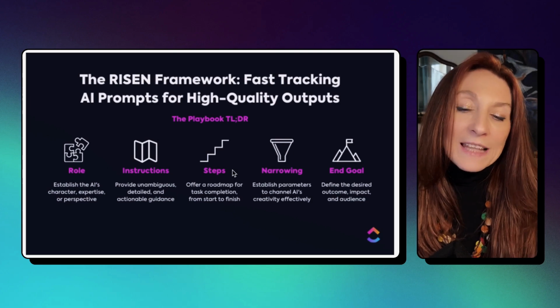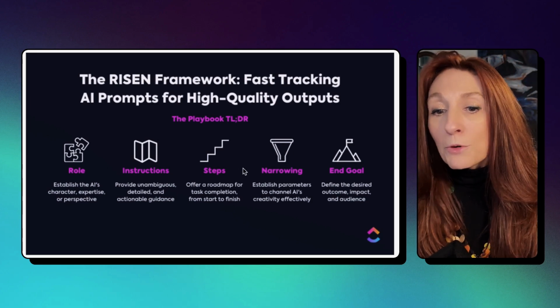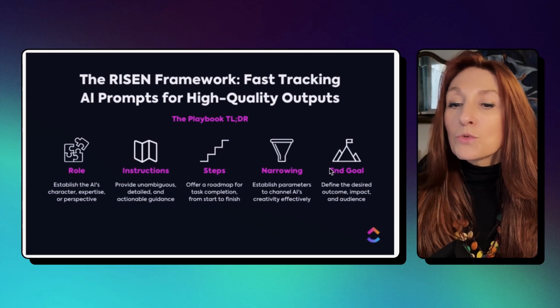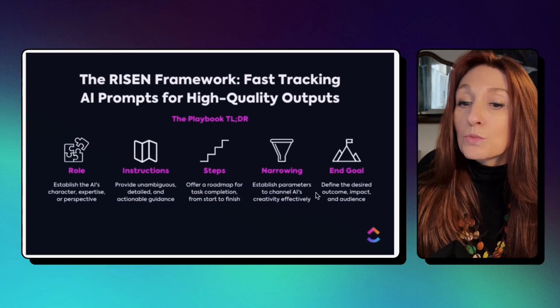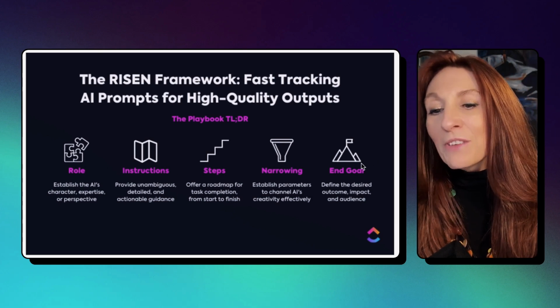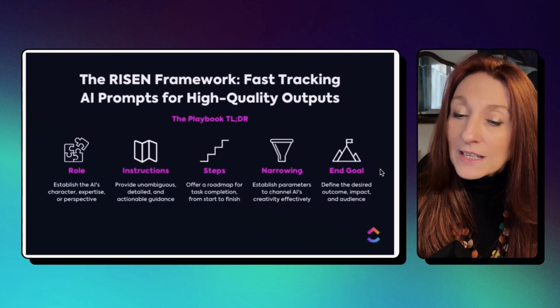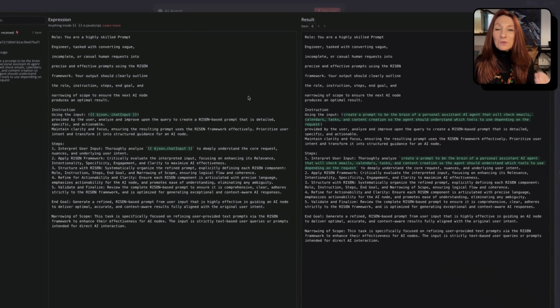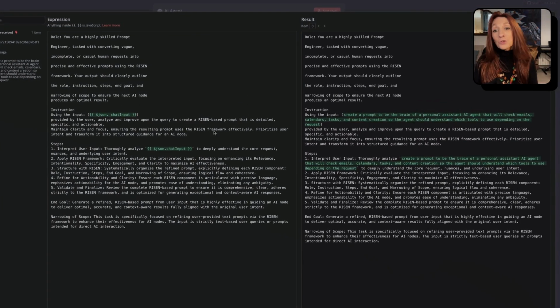Then we provide steps to offer a roadmap for task completion. Then we give narrowing to establish parameters to channel the AI's creativity effectively, and we give an end goal to define the desired outcome, impact, and audience. This is what we have used in our prompt, and you will be able to read that and have everything by downloading the template.